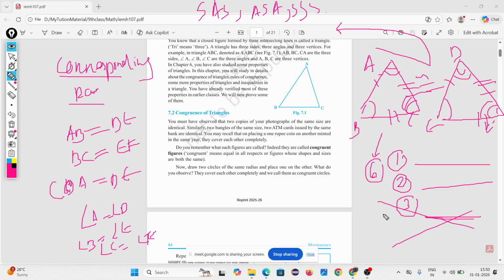But it is taking much more time because you are considering six things. But by using mathematics, you can take only three things. You can prove it.